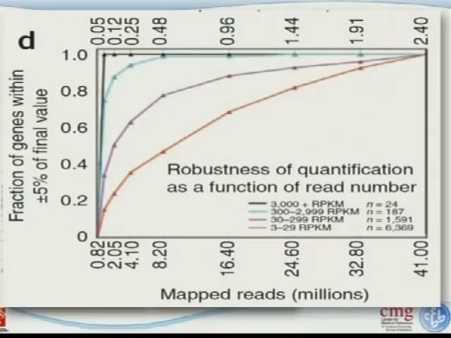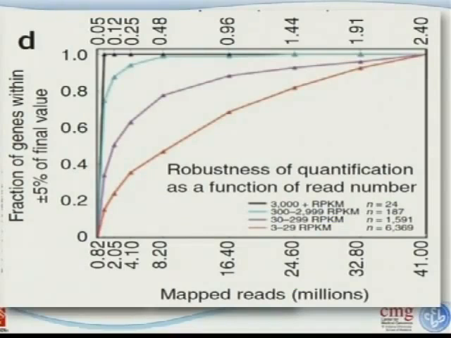Okay, let's look at this black line here. You probably just see an angle here, and this is for the genes that are larger than 3,000 RPKM, and actually there are not too many genes with 3,000 RPKM. These are very highly expressed genes, but even if we didn't sequence very deep, you can get very accurate results.